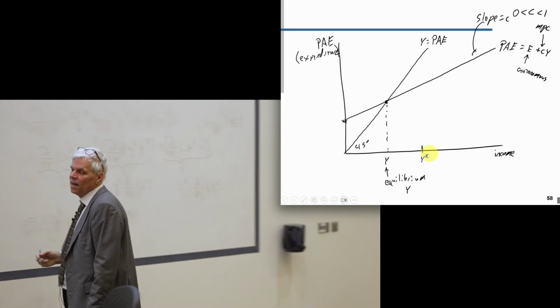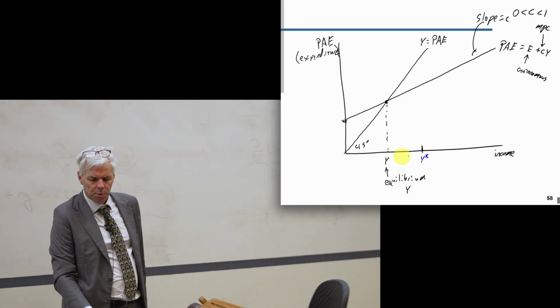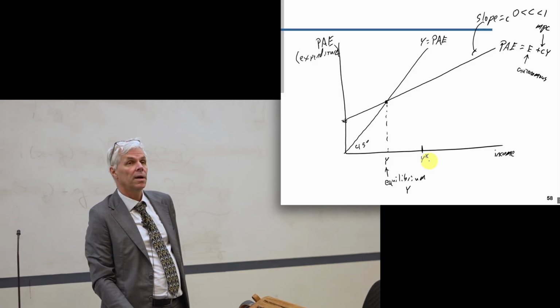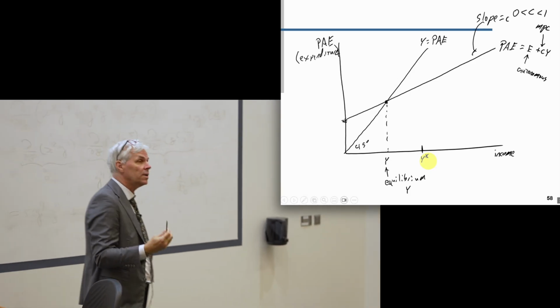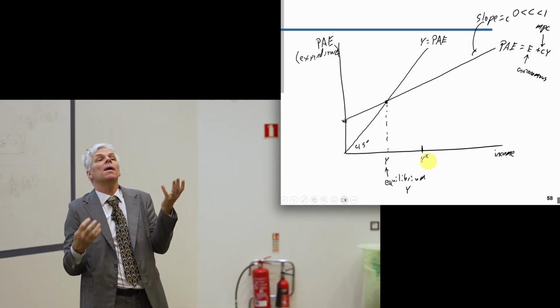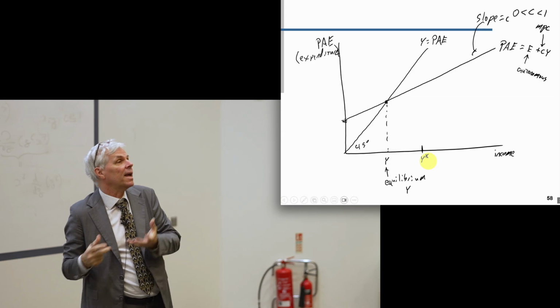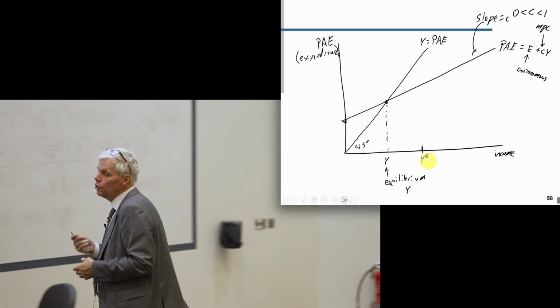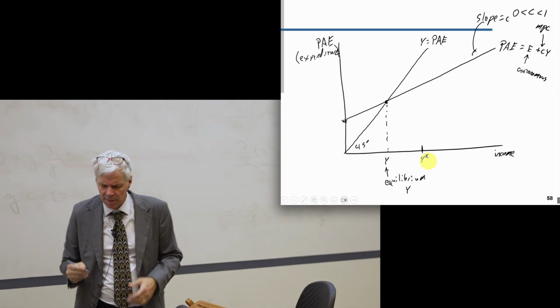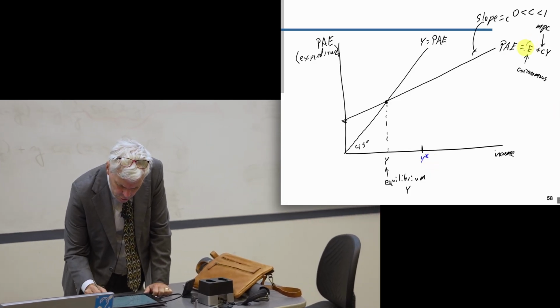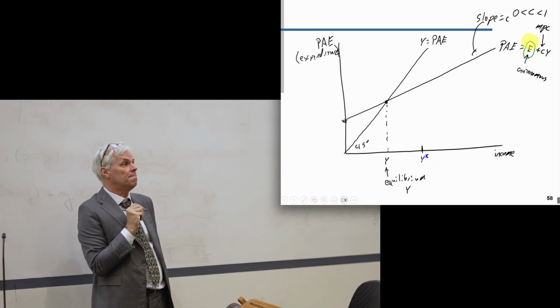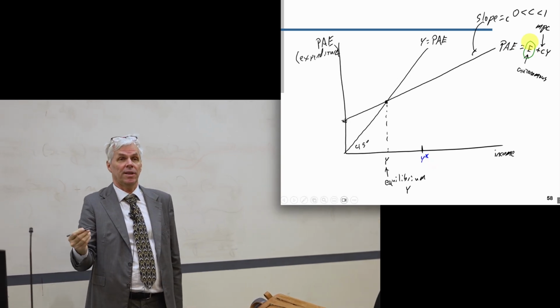And I decide that I would like to get output back up to normal. And we say, well, what can I do? What I can do is somehow get planned aggregate expenditure to go up. Our usual story about fiscal policy is that I am going to try to use my policy tools to change E, to change autonomous expenditure.